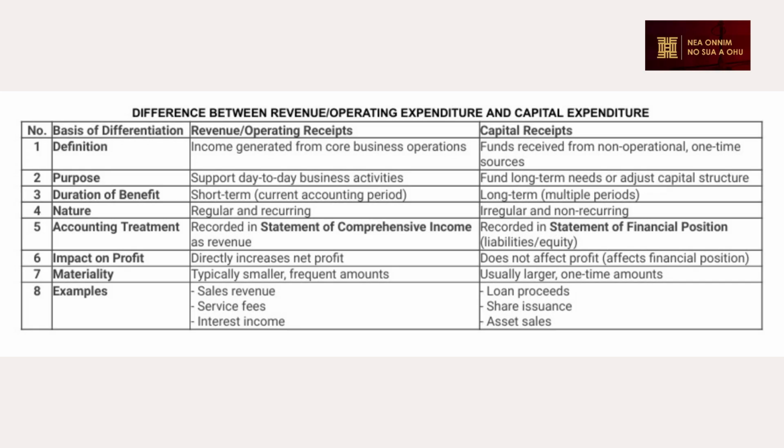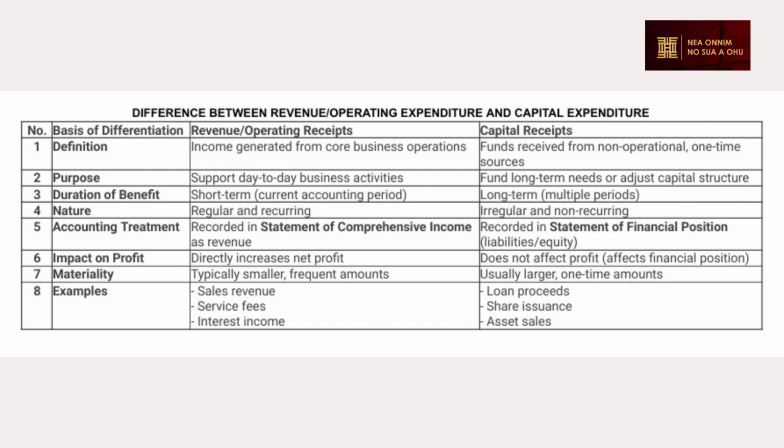So let's start with differentiation based on their definition. Revenue or operating receipts are receipts that are from the regular operating activities of the business or the entity.